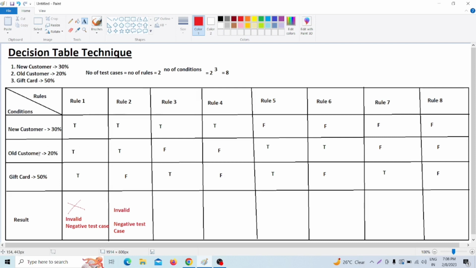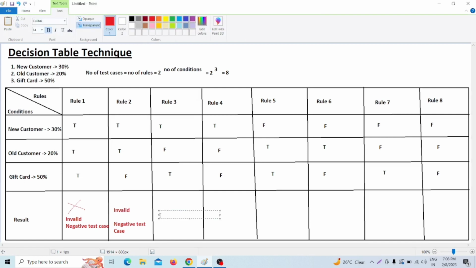As old customer is false, I am the new customer and I can get 30% discount, and also I have applied the gift card 50%, so I will get 50 plus 30, which means 80% discount.